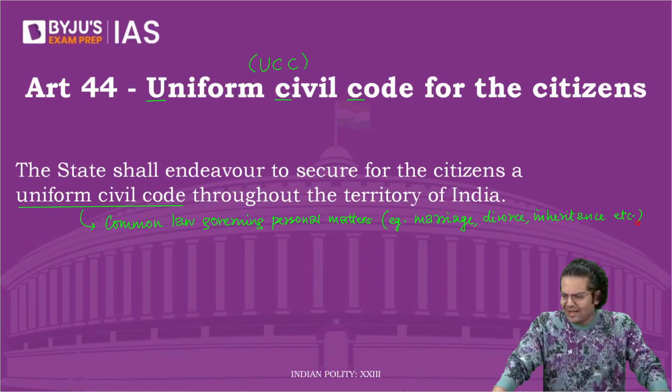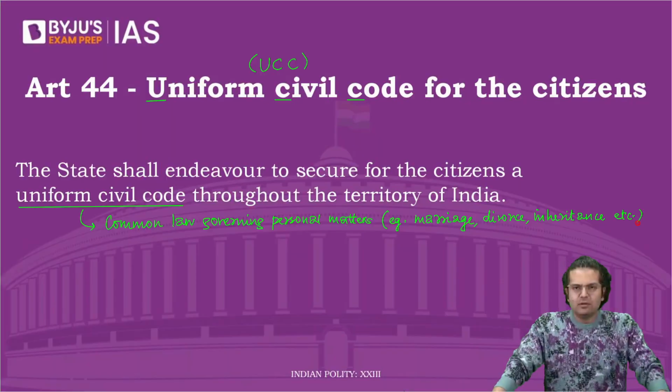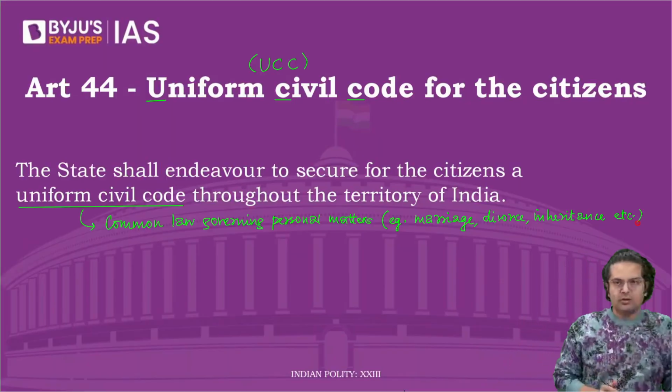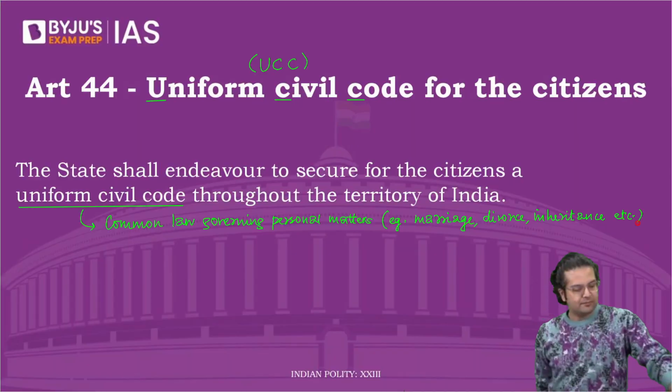So, right now, don't we have one law only for all the people? We have a common law for criminal cases, IPC, yes or no, CrPC, for civil matters also, CPC. But for personal matters, we don't have a common law. It varies.